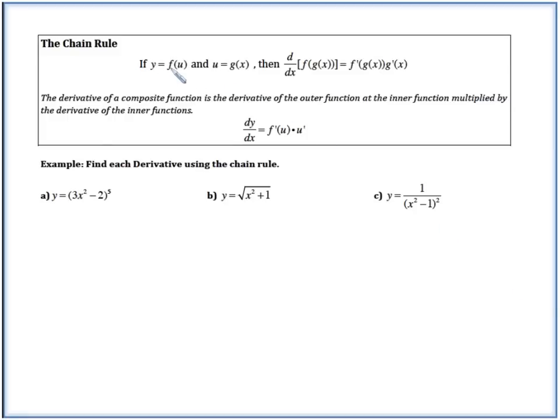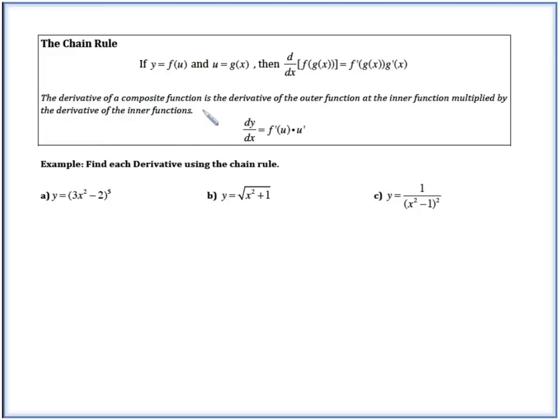If y equals f of some inner function u, where u is a function g of x, then the derivative with respect to x of that composite function f of g of x is f prime of g of x times g prime of x. So it's the derivative of the outer function at the inner function, times the derivative of that inner function.